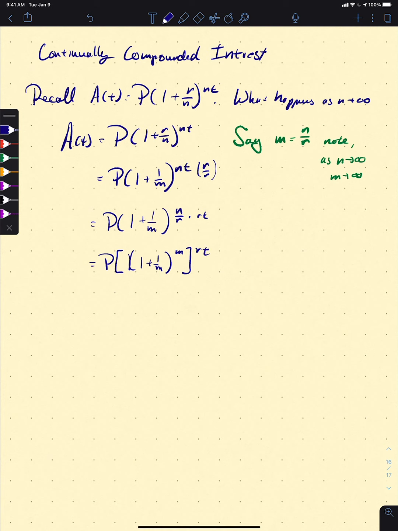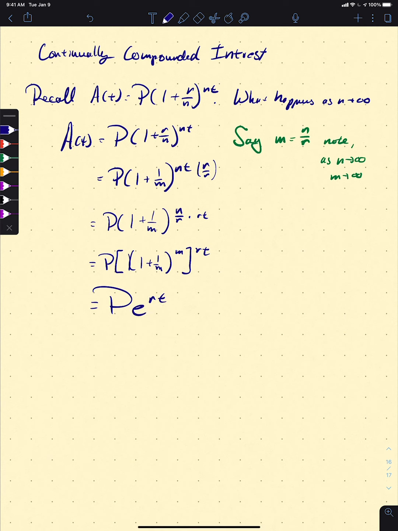But remember, we're looking as n goes to infinity, which means m goes to infinity. And what happens to this expression as m goes to infinity? Well, that's the definition of e, right? So then we get this formula.